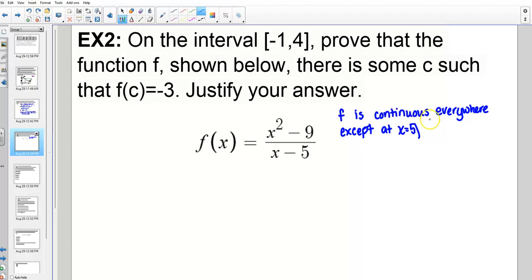So if that's true, f is continuous on the interval from -1 to 4. Right, so that's your first step. Always got to say continuity.